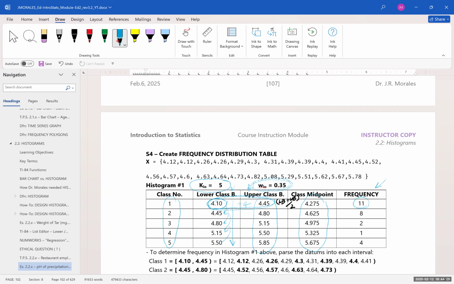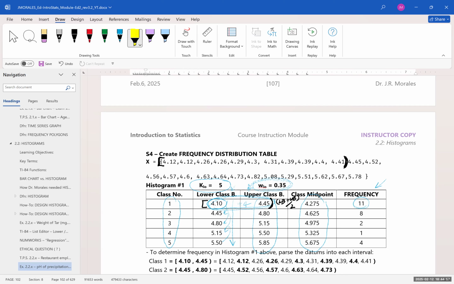Remember that the way that we're defining the intervals is by including the lower bound and excluding the upper bound. So we're going to start at 4.10, which would be here below 4.12, up to, but not including, 4.45. So I'm going to try and find 4.45. It's not going to include it.